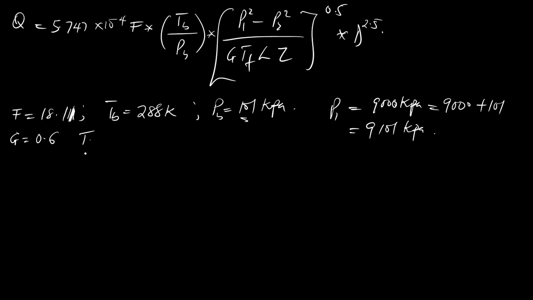We have our fluid temperature to be 288 Kelvin. We have our pipe segment length to be 48 kilometer. We have our Z to be 0.872.